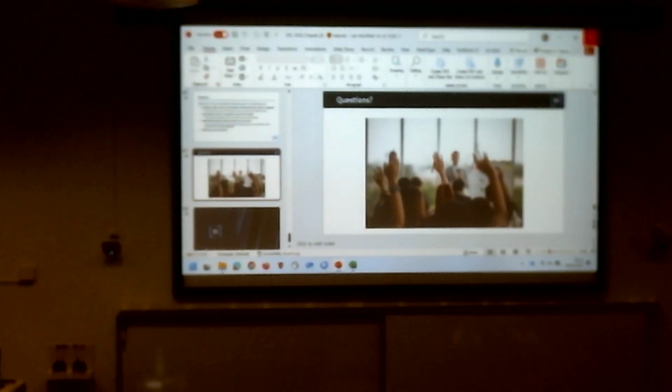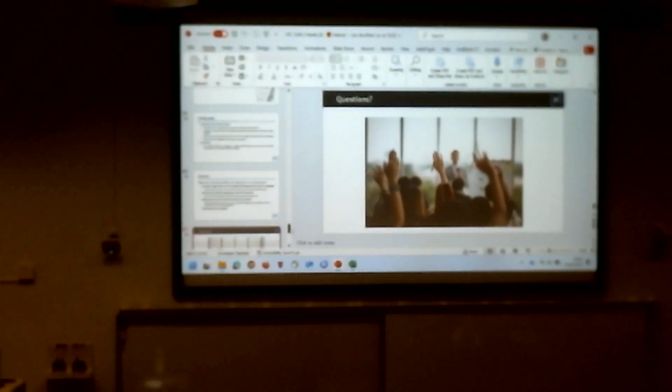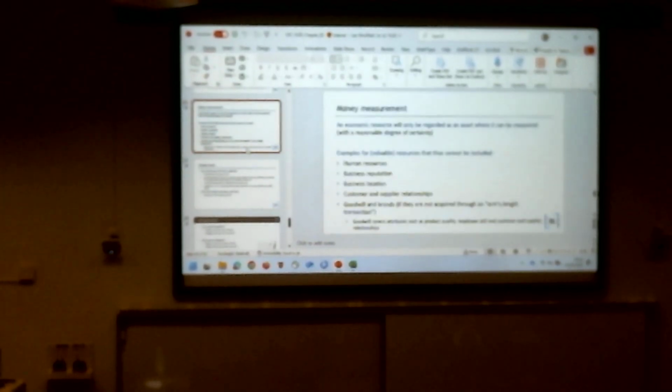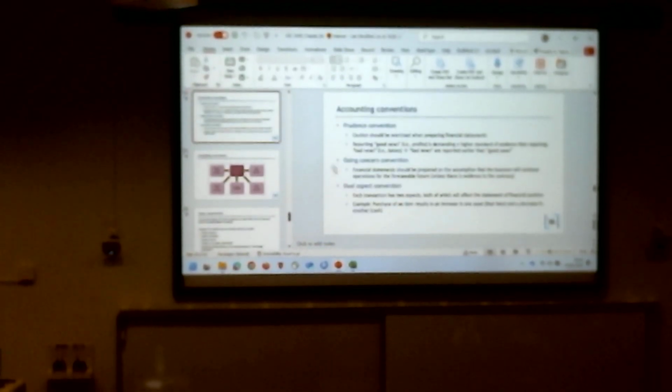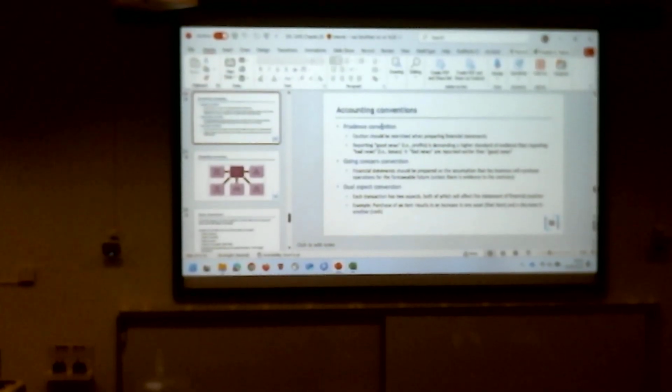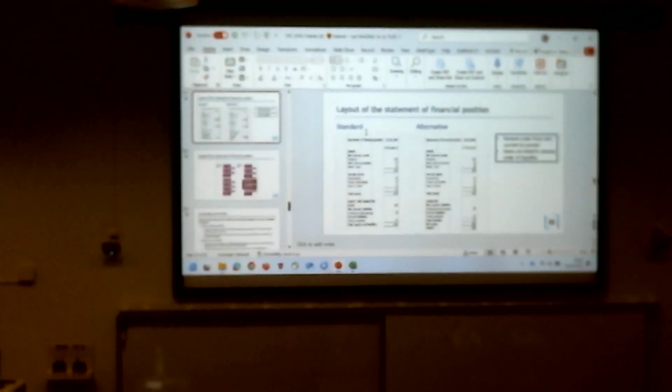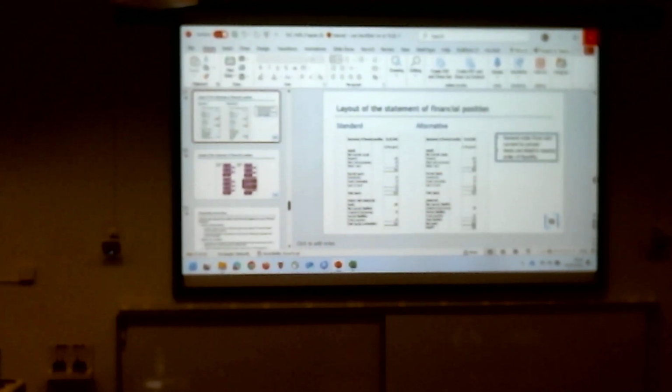I think it's more valuable to start this exercise and get an idea of this. Dual aspect convention. Okay, but before we do this, we do another exercise where we deal with a standard layout.